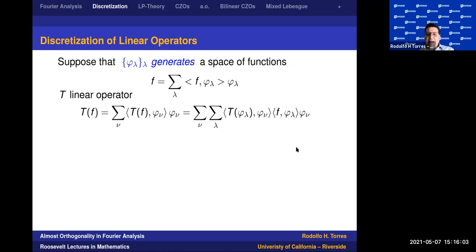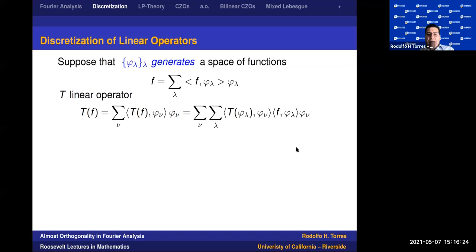But it doesn't have to be like that. Anyway, suppose you have that and that you can represent every function as a superposition of some kind of basic element, phi lambda. And then let's say you have an operator, and I'm not going to discuss continuity or anything like that at this stage, but it's just using the linearity of the operator.